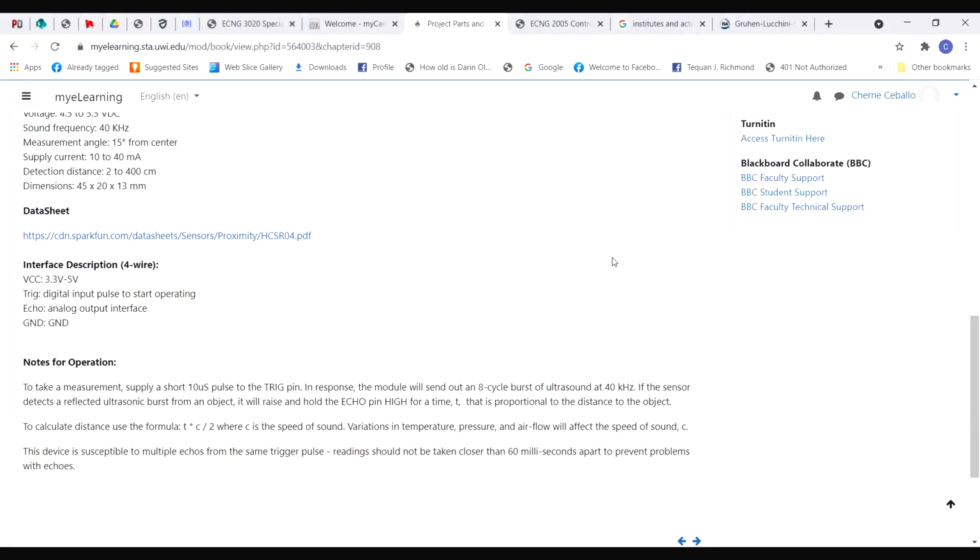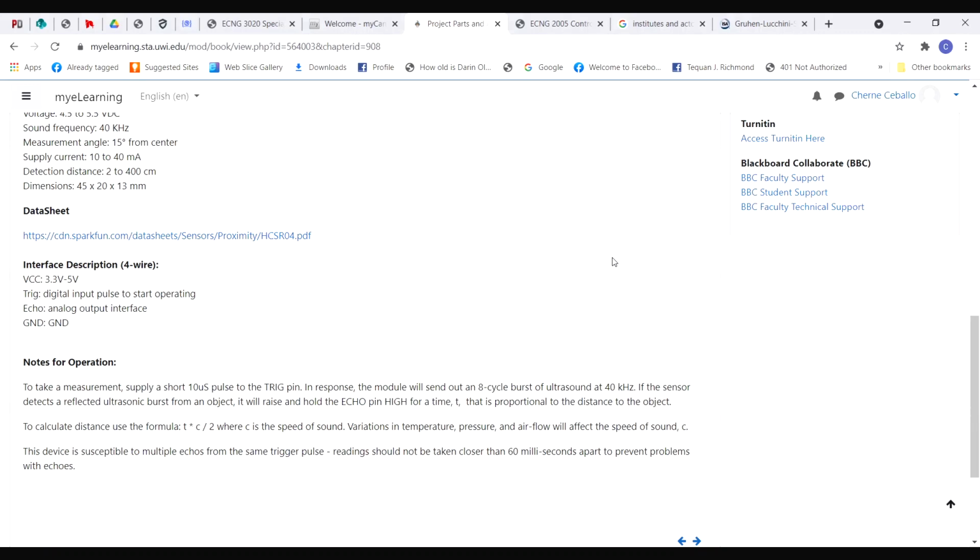It knows when it sent out the burst and it will know when it heard the reflected signal. And upon hearing a reflected signal, it's going to raise and hold the echo pin high for a time t that is proportional to the distance to the object. Are we there with that?